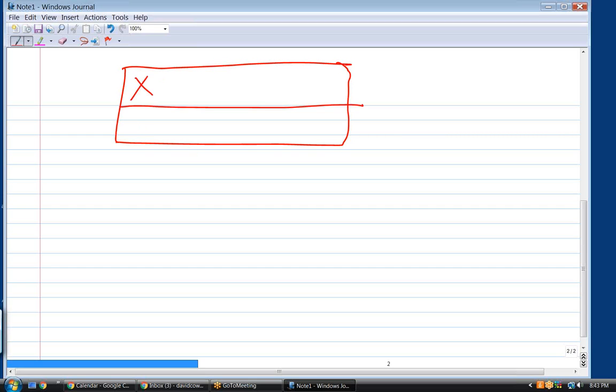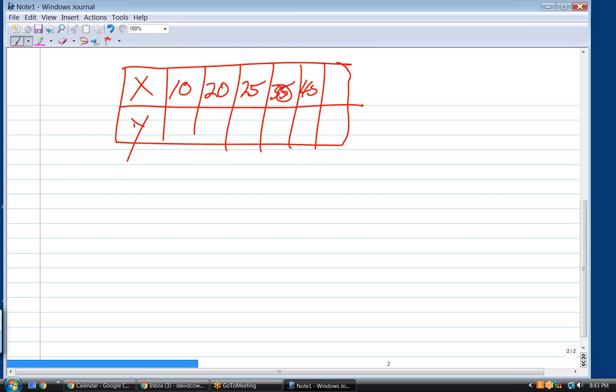Give me, there's a total of six. The X values go 10, 20, 25, 30, 45, and 55.